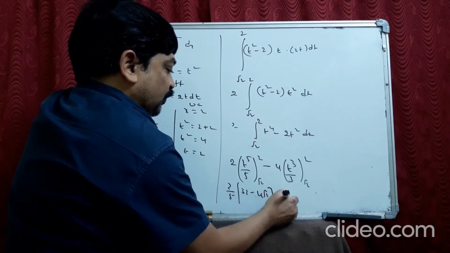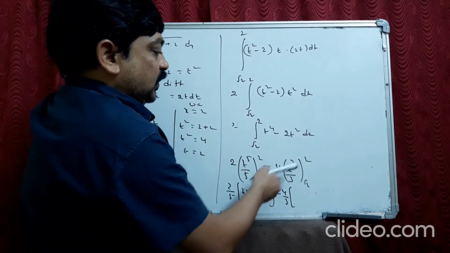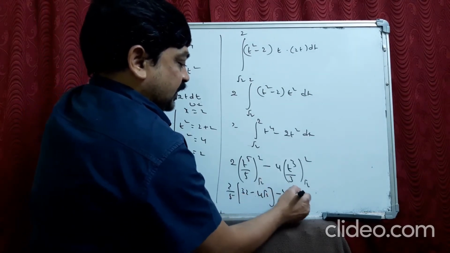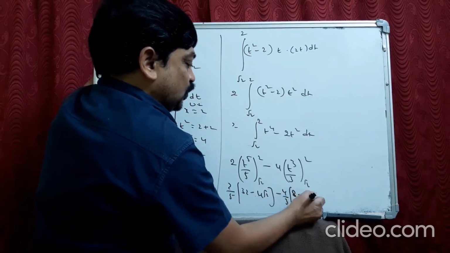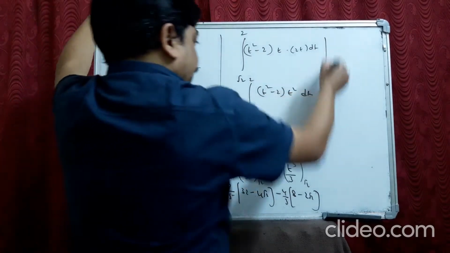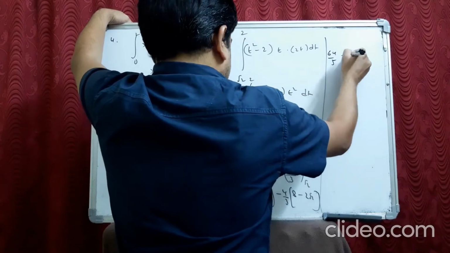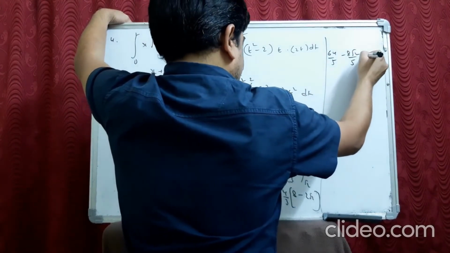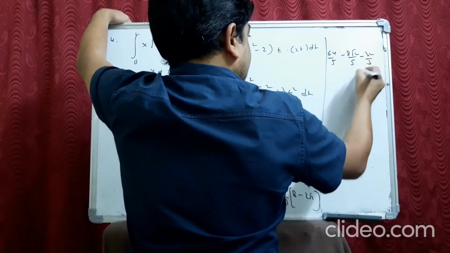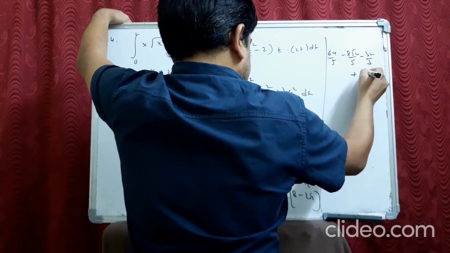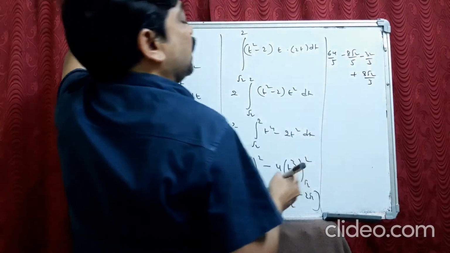Minus 4 by 3 outside, 2 cube is 8, minus 2 root 2, by 3. So finally it becomes 2 into 64 by 5 minus 8 root 2 by 5 minus 32 by 3 plus 8 root 2 by 3.